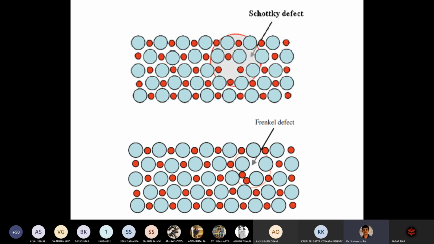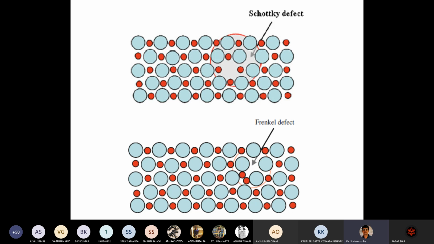And this is because the need of charge neutrality is also essential along with the mass conservation and the fixed ratio of sites of anions and cations depending on the stoichiometric composition.